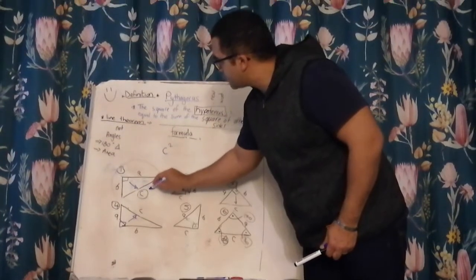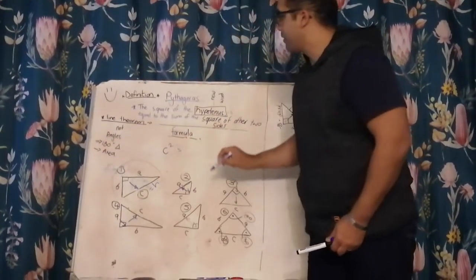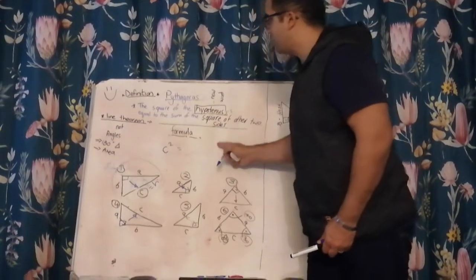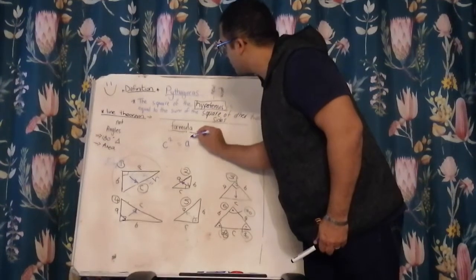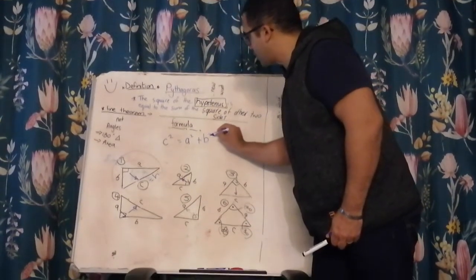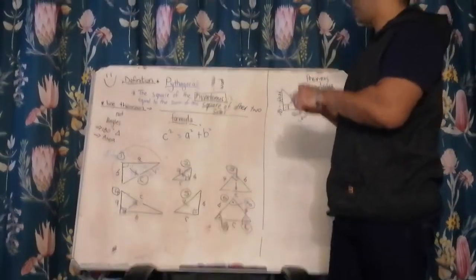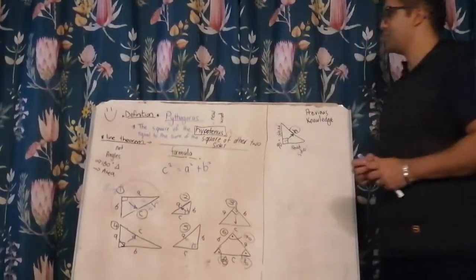C is the hypotenuse over there, and it is equal to the sum of the other two sides squared. So we've got A, which is squared, plus B, the other side, squared. And that is basically what the Pythagoras theorem shows.